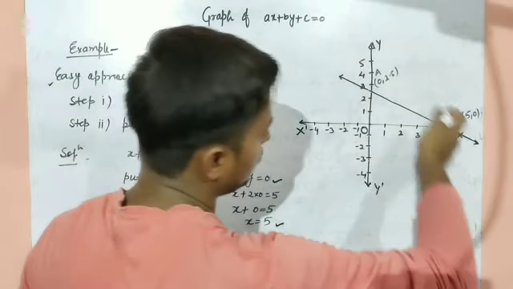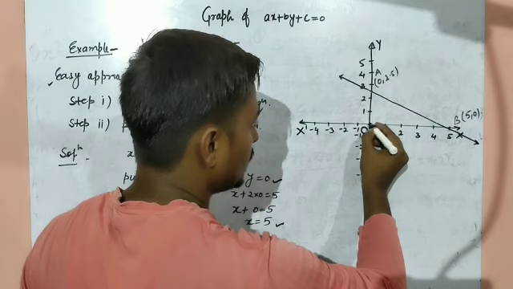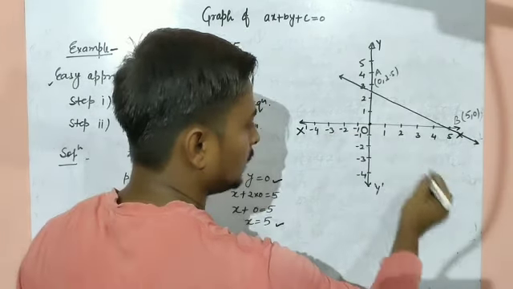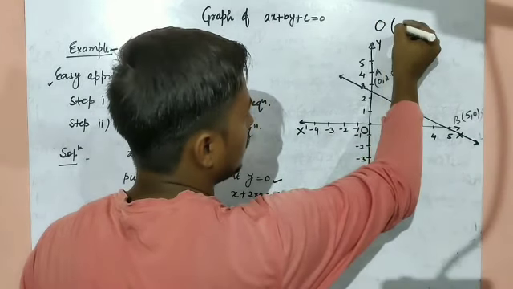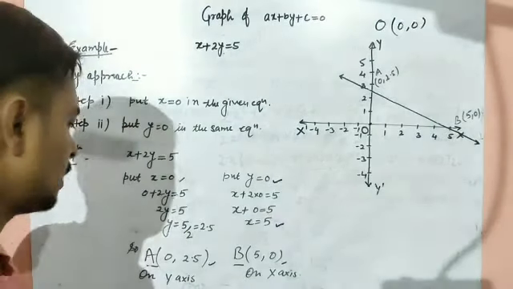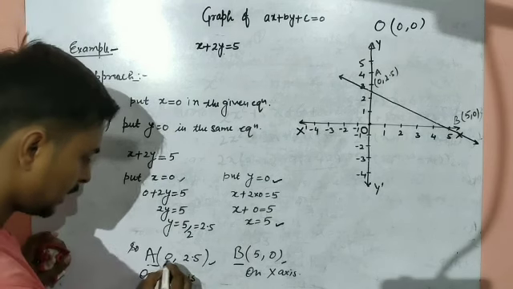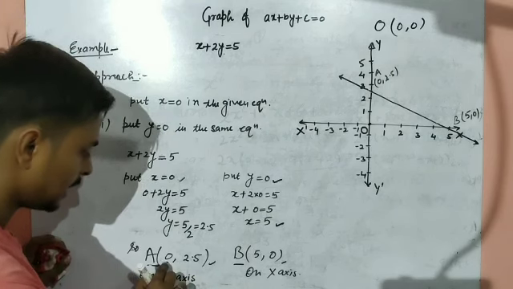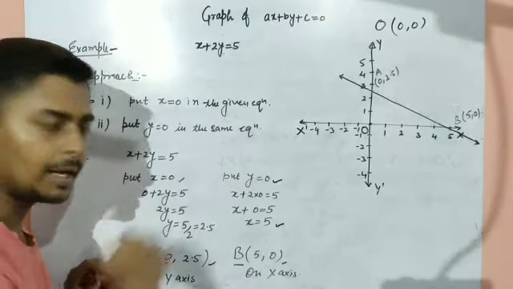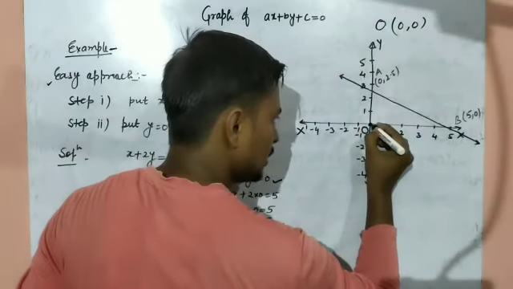So here it comes: this is the x-axis and y-axis, meeting at a point known as the origin, and the coordinates of the origin are (0, 0), abscissa 0, ordinate 0. The first point we will locate is (0, 2.5). Be careful that the x coordinate is 0. X is 0 means this is the starting point always.